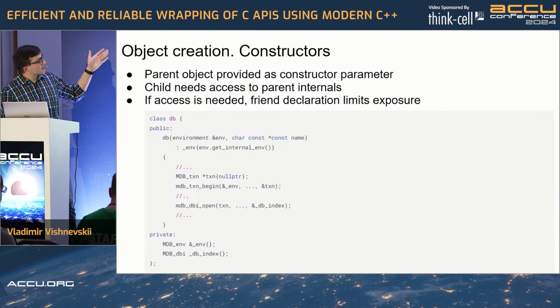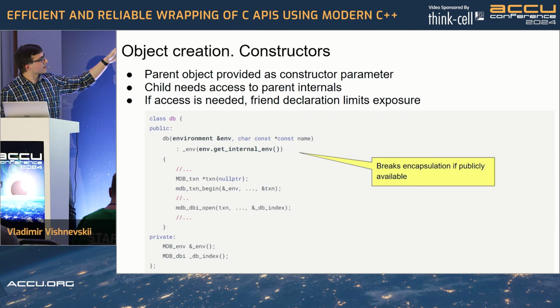An alternative would be to use an explicit dependency in the constructor. Here, for example, we pass the environment object to the database object. This also describes the dependency, so we structure the program in a way that makes it clear that the environment is required to create the database. But in this way, we need to expose some internals.